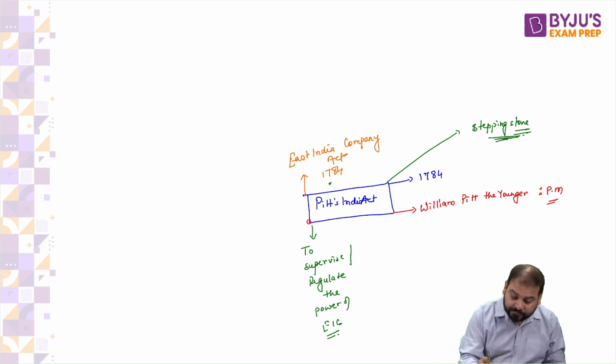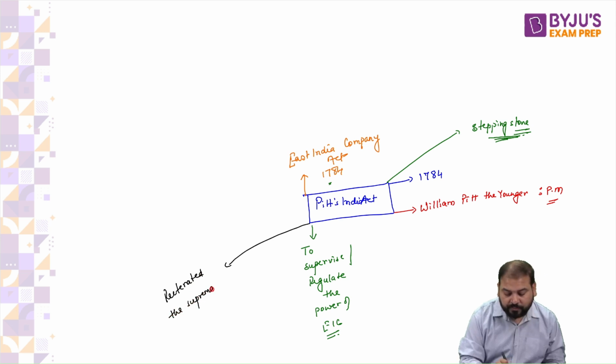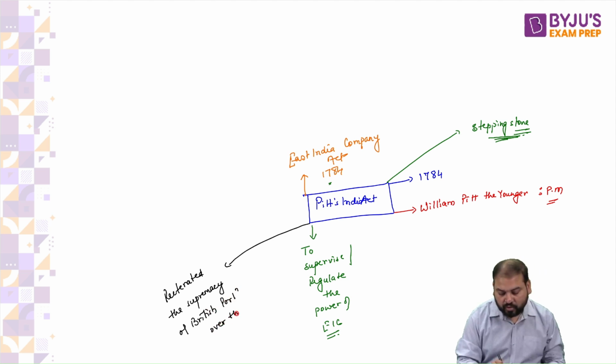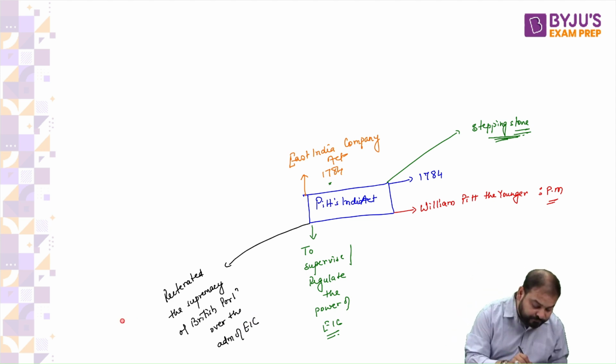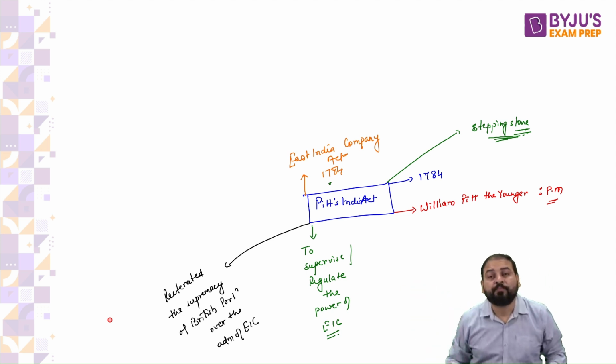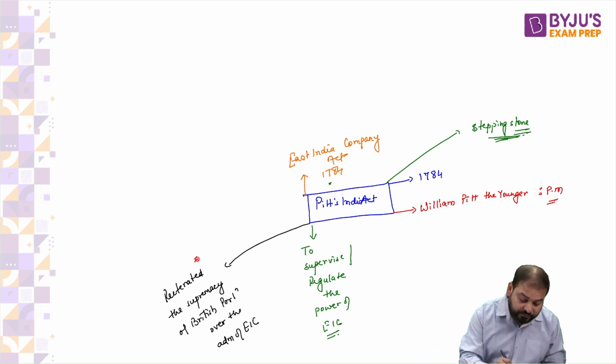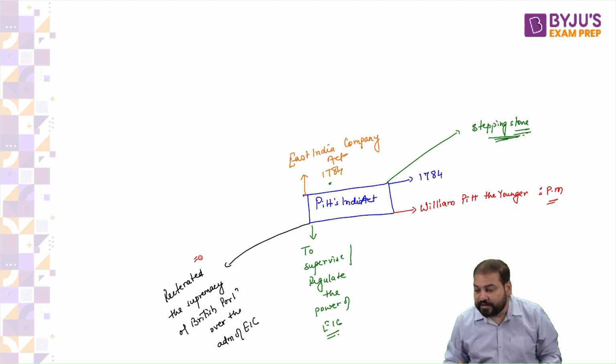This law reiterated the supremacy of British Parliament over the administration of the company. They made it very clear that we are superior. We will manage these things.